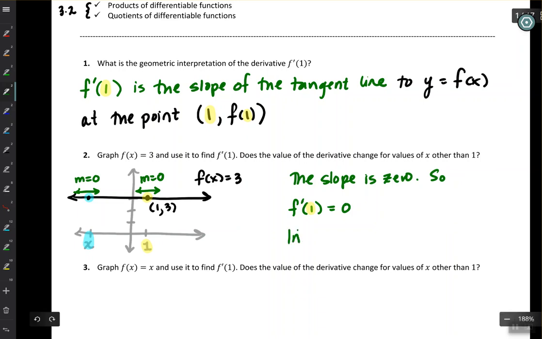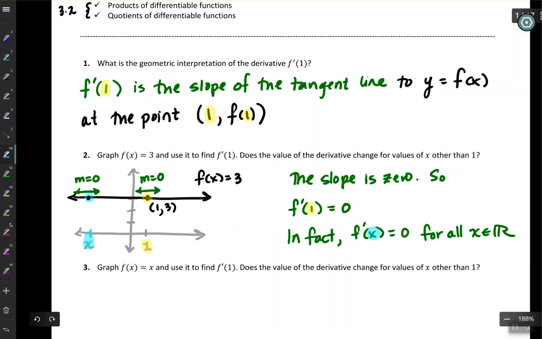In fact, f prime of x is 0 for all x, for any real number, for any x in the domain. Right? So all these slopes are 0. And that'll be true for any constant function, because all constant functions are horizontal lines, and the slope of a horizontal line is 0.